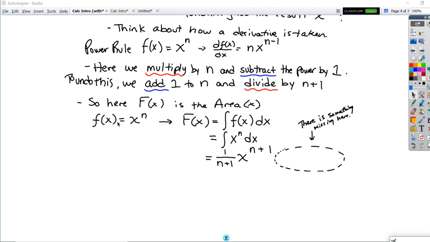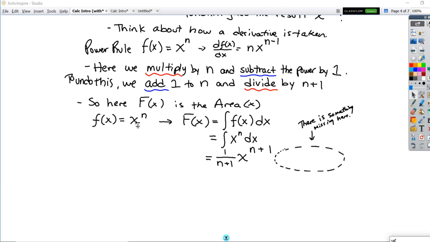So here we have x to the n. I'm going to use capital F of x to stand for area, because that gets to be a little bit tedious to keep writing. So capital F of x equals the integral of f of x dx.